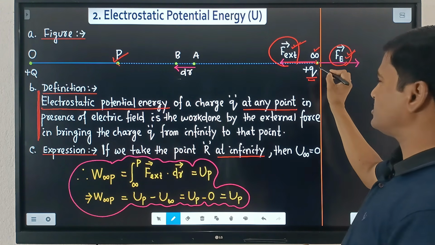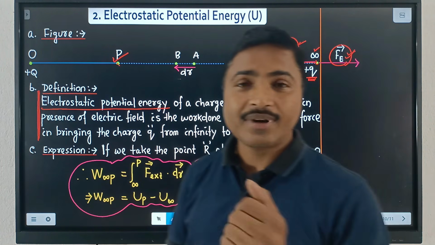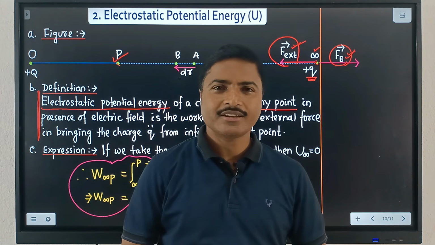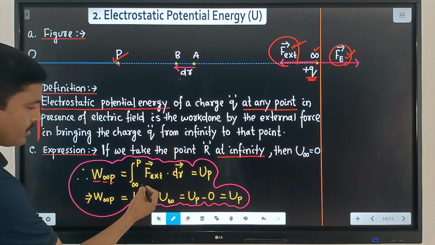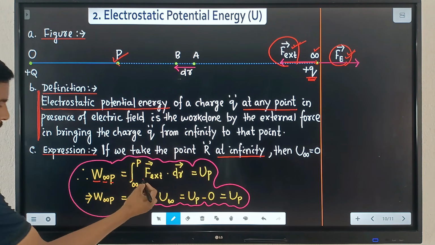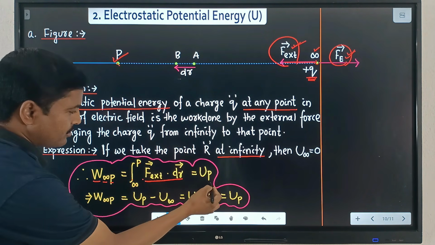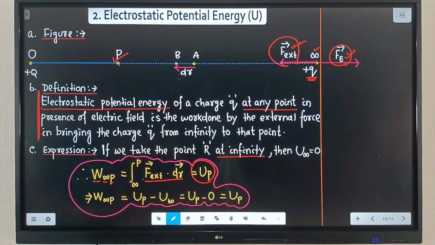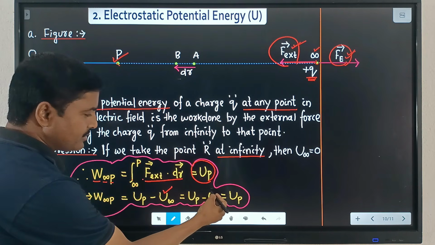And when the test charge is at infinity, potential energy is 0. So we write the work done when the test charge moves from infinity to P is equal to the integration from infinity to P of F dot dr, and that is the potential energy at point P, because at infinity its potential energy is 0.